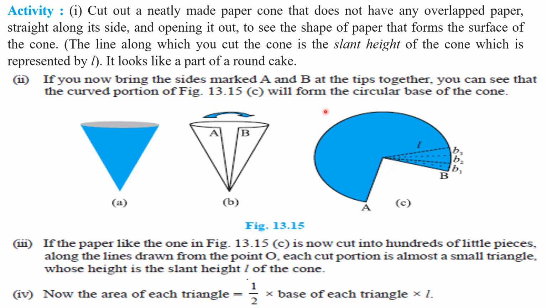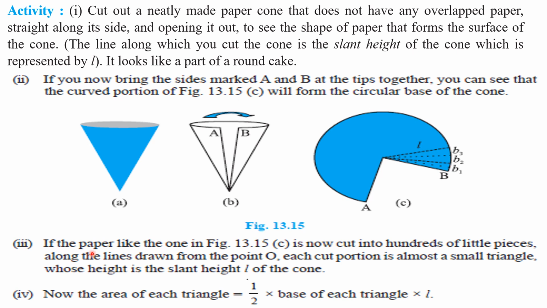If you now bring the sides marked A and B at the tips together, see this figure, my children, you can see that the curved portion of figure 13.15C will form a circular base of the cone. Yes, this is the circular base of the cone.